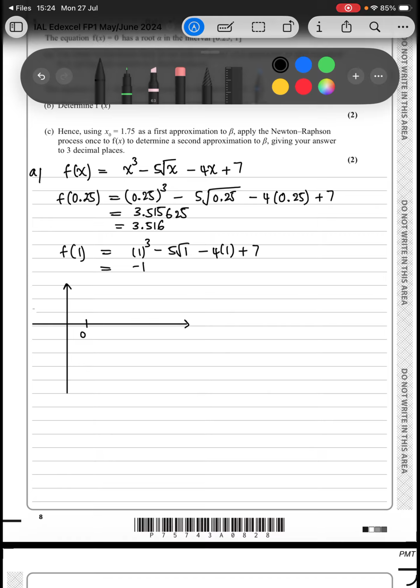So 0.25 to 3.516, which is here, and then 1 is over here where it is minus 1.